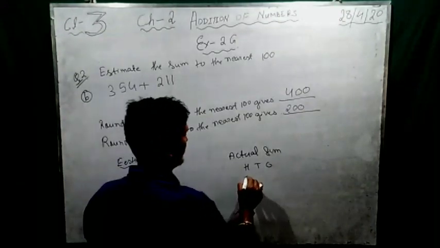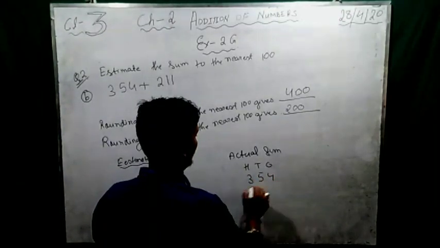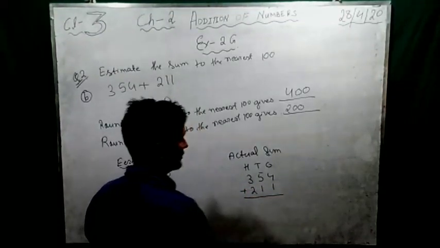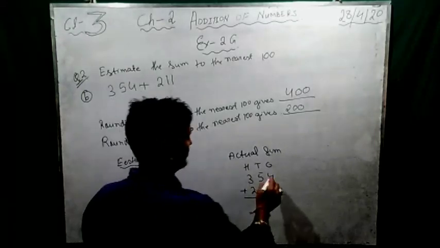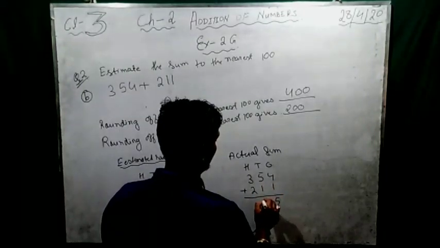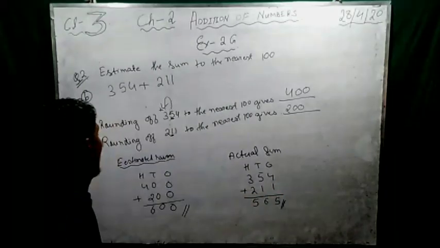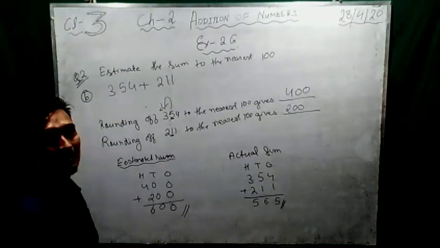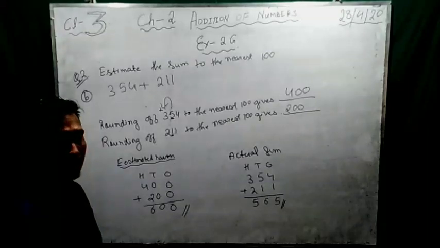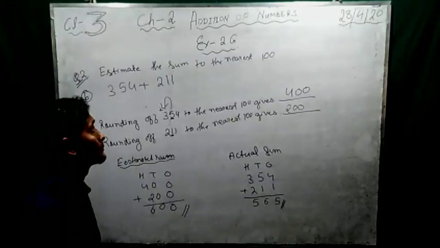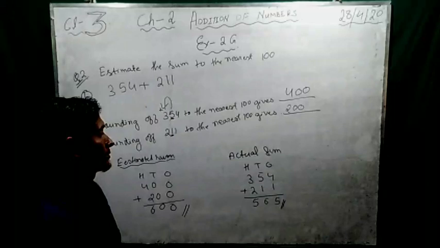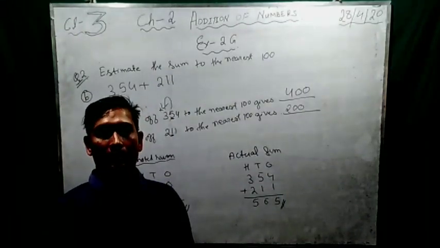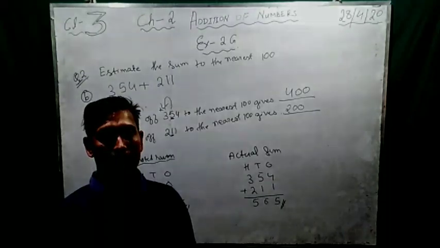Now your actual: 354 plus 211. So 565. Your estimated is 600 and your actual is 565. Done? Okay. Clear? Practice it. Okay. Thank you, everyone.